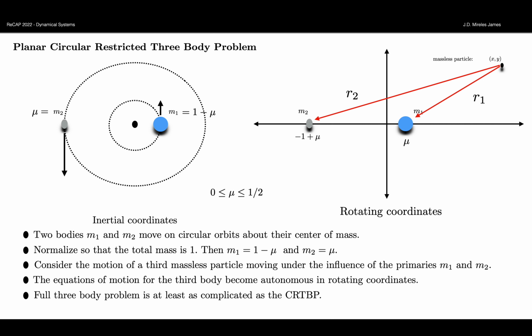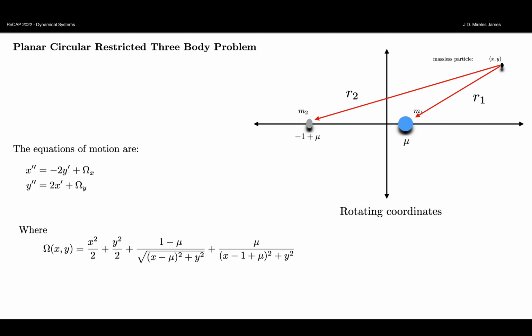But it's also interesting mathematically because the full three-body problem is at least as complicated as this restricted problem, right? So if you can prove something complicated happens in this restricted problem, you know you have complicated dynamics in the full three-body problem.